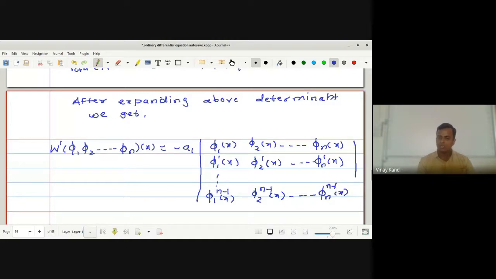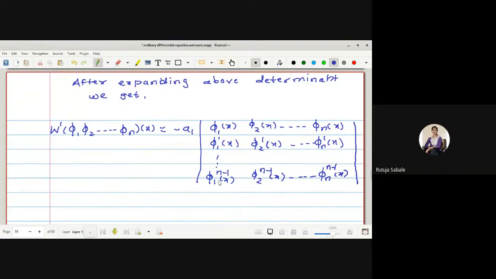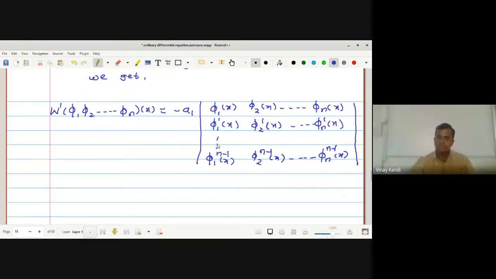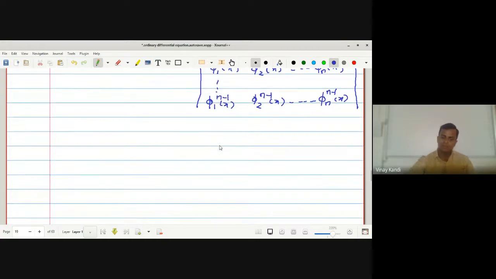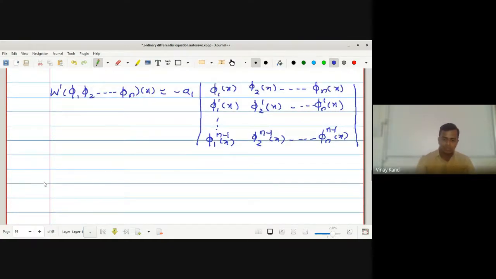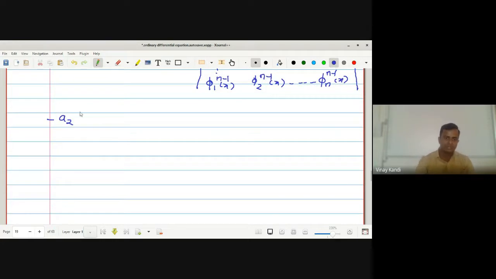Okay, any doubt? There is more ahead. What will be the term above this? Phi 1 raised to n minus 2 of x, up to phi n raised to n minus 2, that is the step above. Okay, minus, now put i is equal to 2, a2 here we get. Okay, now the second determinant: phi 1 of x, phi 2 of x up to so on phi n of x.